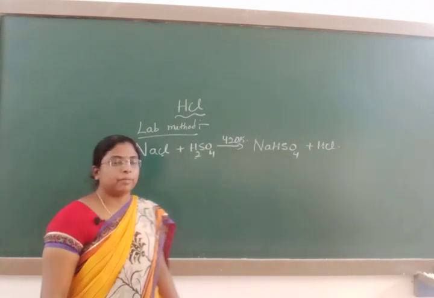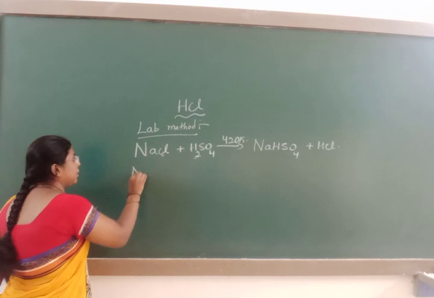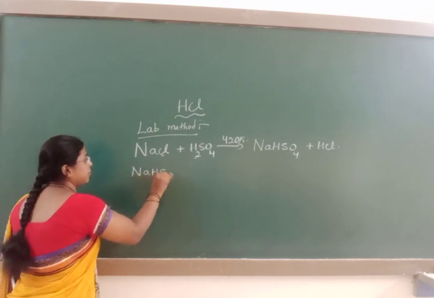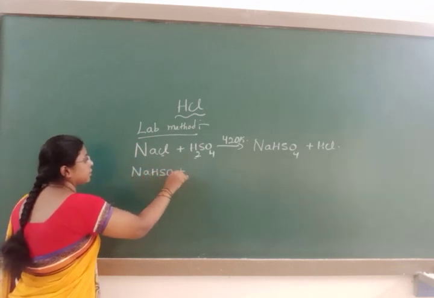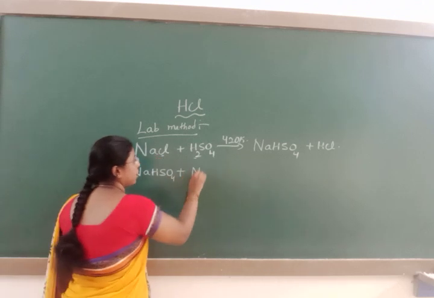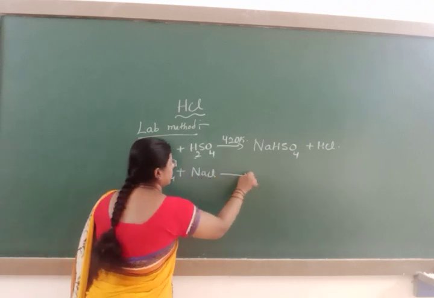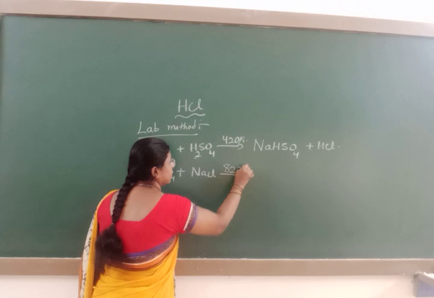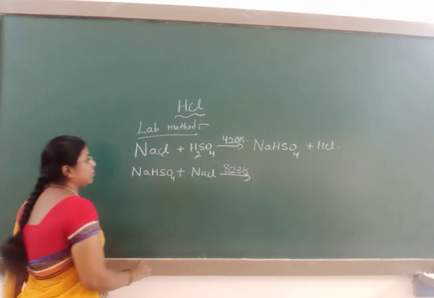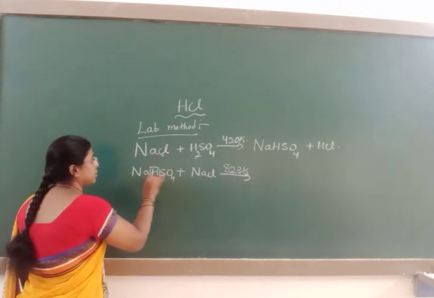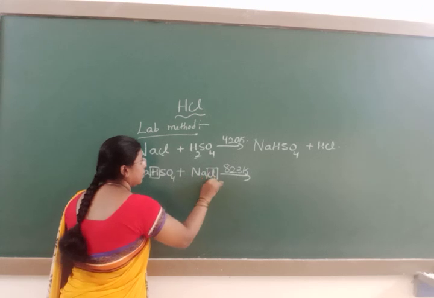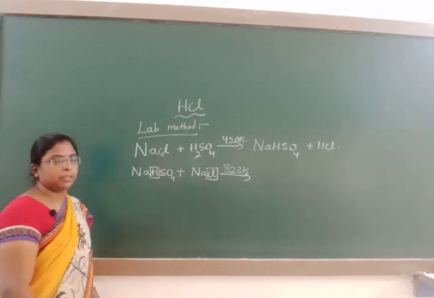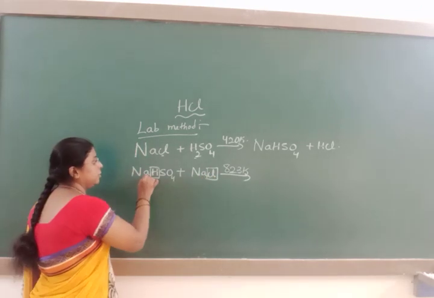This sodium hydrogen sulfate further reacts with excess of sodium chloride at 823 Kelvin, and we get HCl, along with Na2SO4.